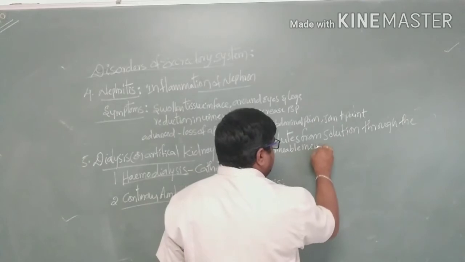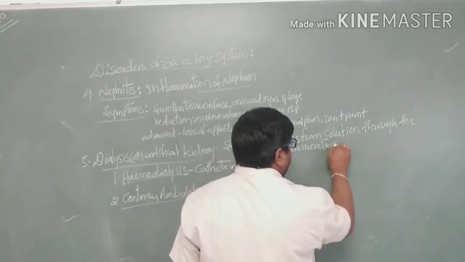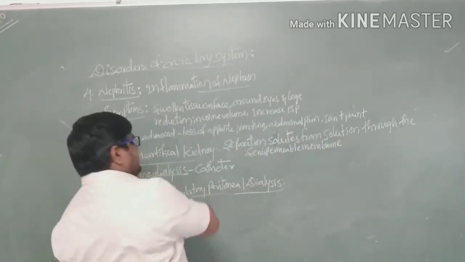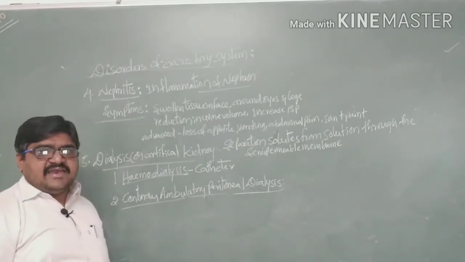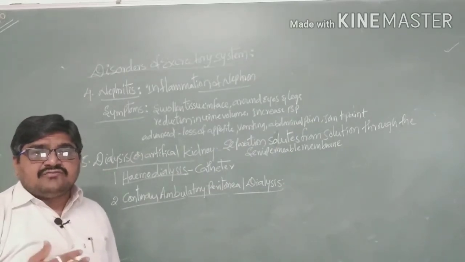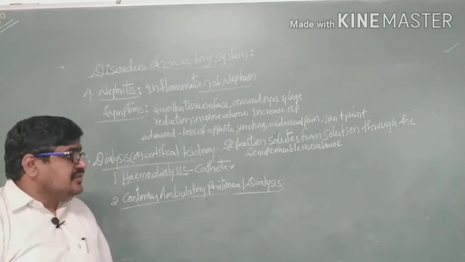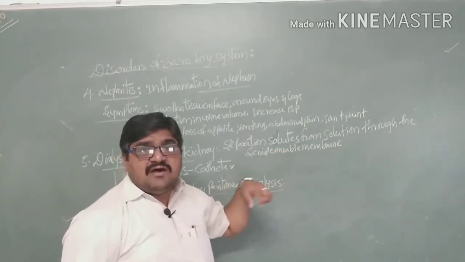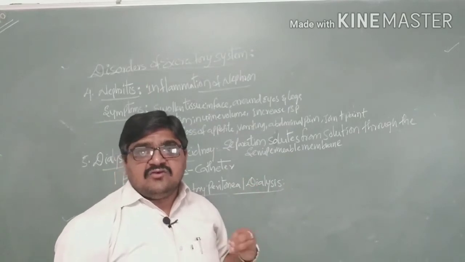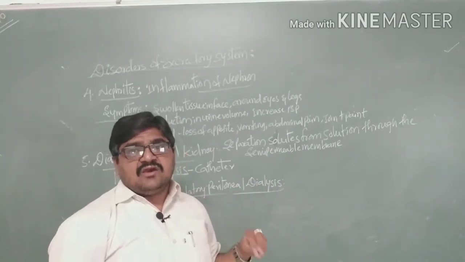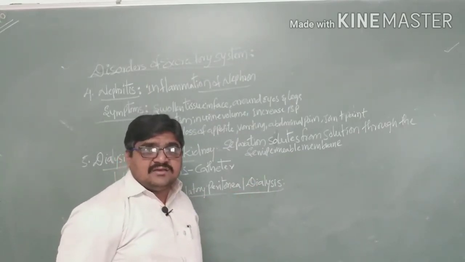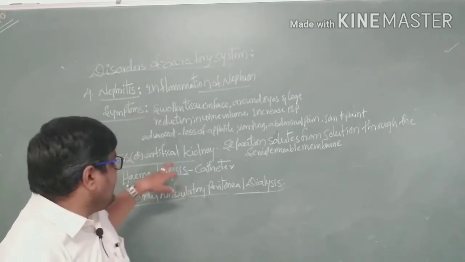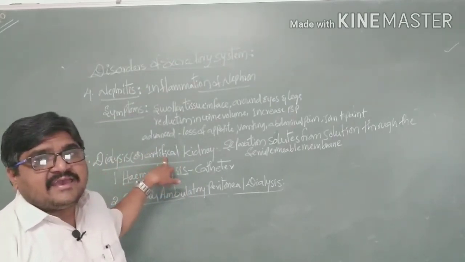So this process we can call dialysis or artificial kidney. That means separating solutes from the solution through the semi-permeable membrane in the form of a dialyzer. We use a dialyzer for this process, so we can call it dialysis, or an artificial kidney.